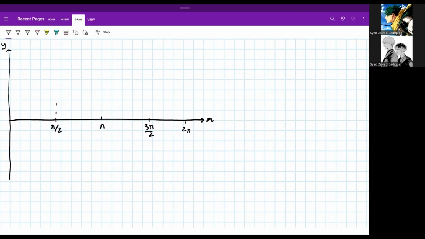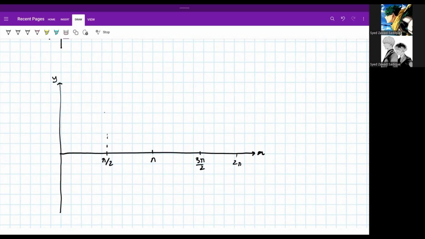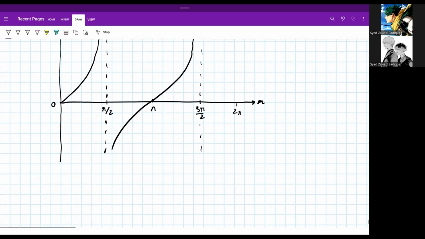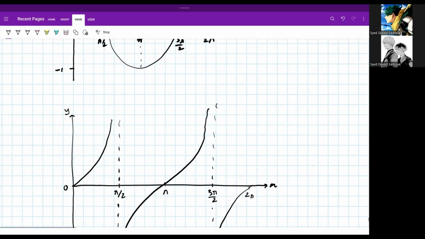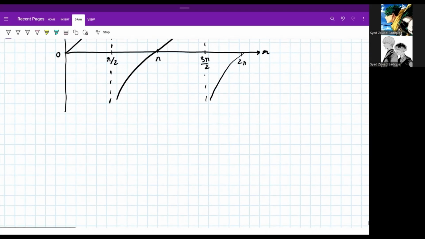Now dotted lines on this. Okay, so the graph looks like this from base. And here. This is basic tan x graph. Nice. Okay, what else?